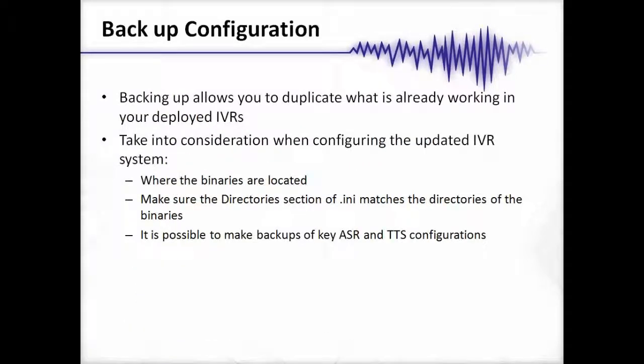Now, once you've established everything that you have in deployment and you've identified your licenses, you've got the information set aside that you're going to need to redeploy or rebuild the box, you want to start doing backups of the existing configuration file. For Pronexus VBVoice, that would be the VBVoice.ini file.